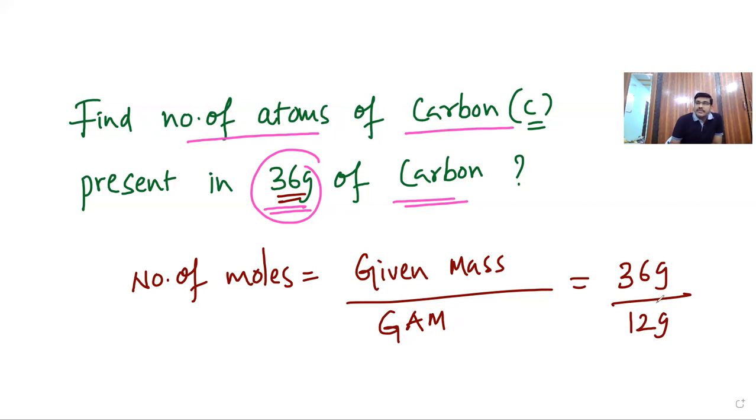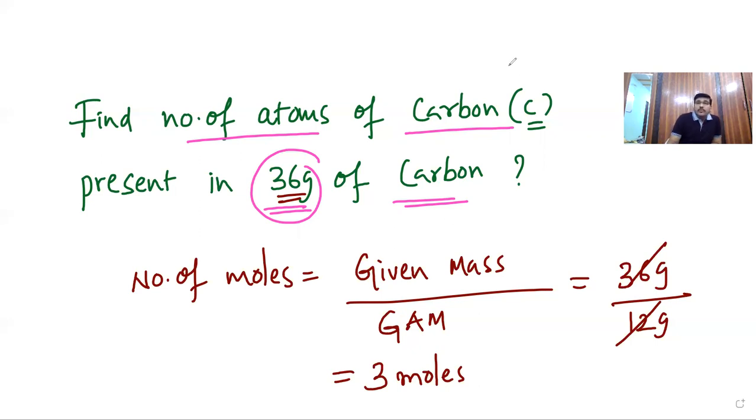We have seen already. So the number of moles present are 3 moles. Observe carefully, we have calculated only the number of moles. So 36 grams, 3 moles are present.